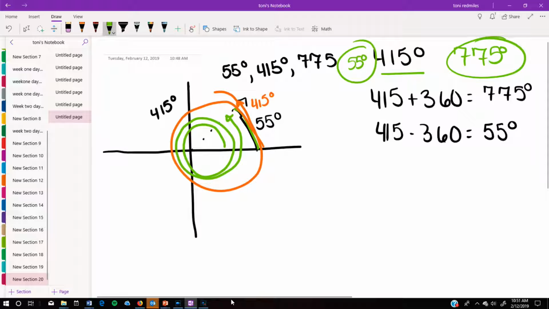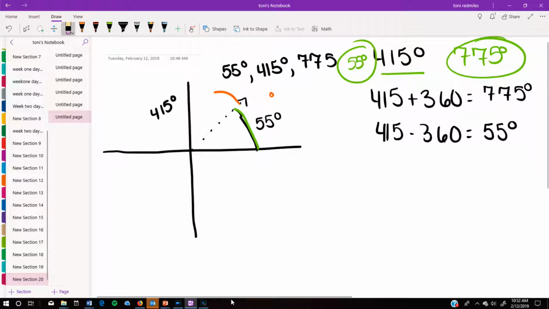Okay? You can't find negative coterminal angles unless you know your standard position angle, which we already know. We figured it out. 55 degrees is my standard position terminal angle. Okay? So I have to do 55 subtract 360 and get a negative 305.